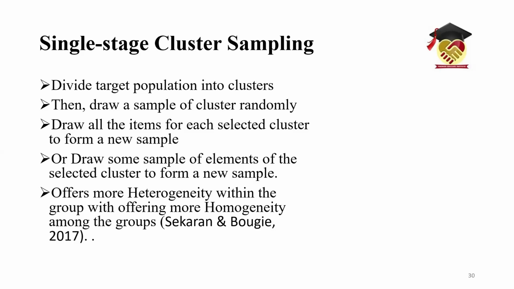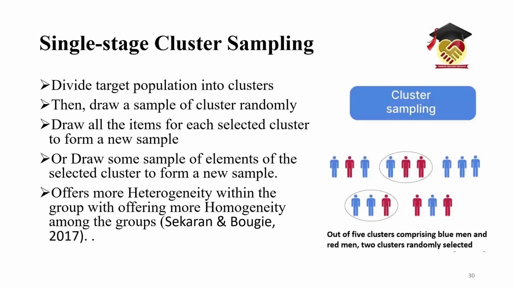So single stage cluster sampling means you are dividing the entire population into meaningful clusters, meaning geographically. Now here you have the cluster. You can see this is very unreliable. Why? Within one cluster, you have red people and blue people. This cluster, you have only blue people.